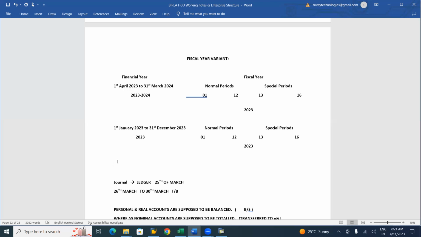So here SAP has provided a few standard variants. SAP has provided V3. This is an SAP provided variant. What is V3? It is April to March plus 4 special periods.